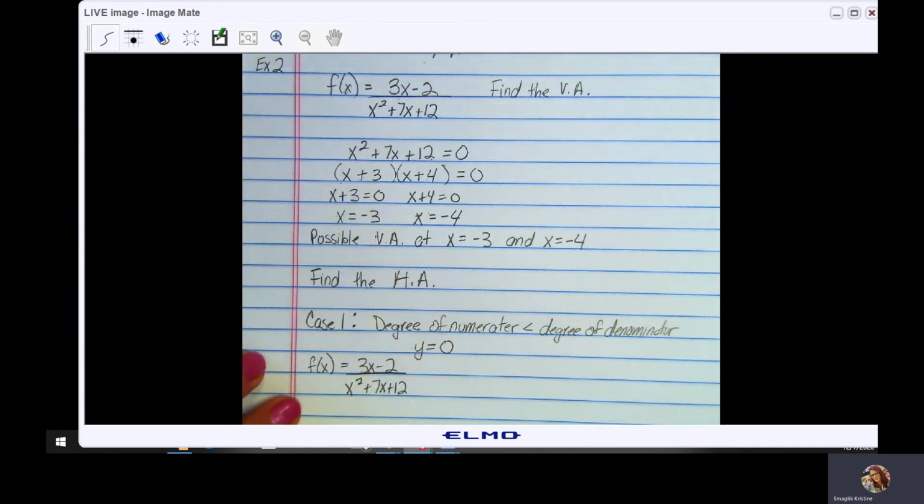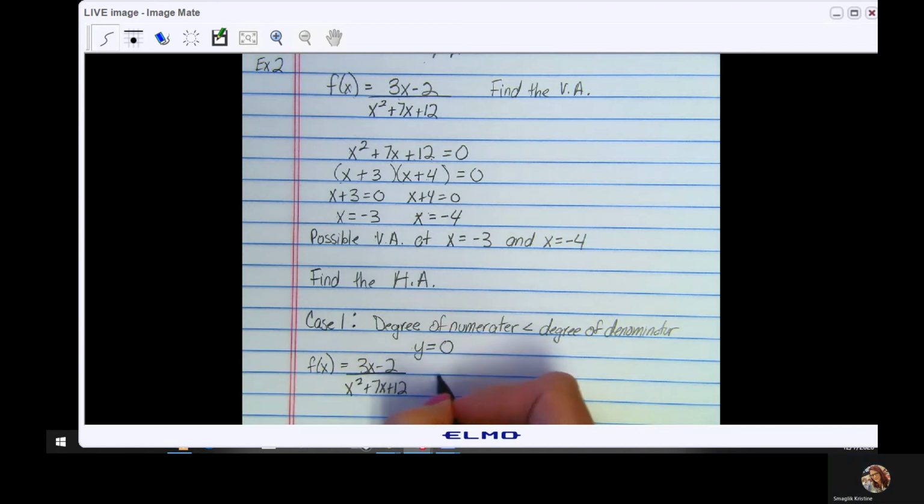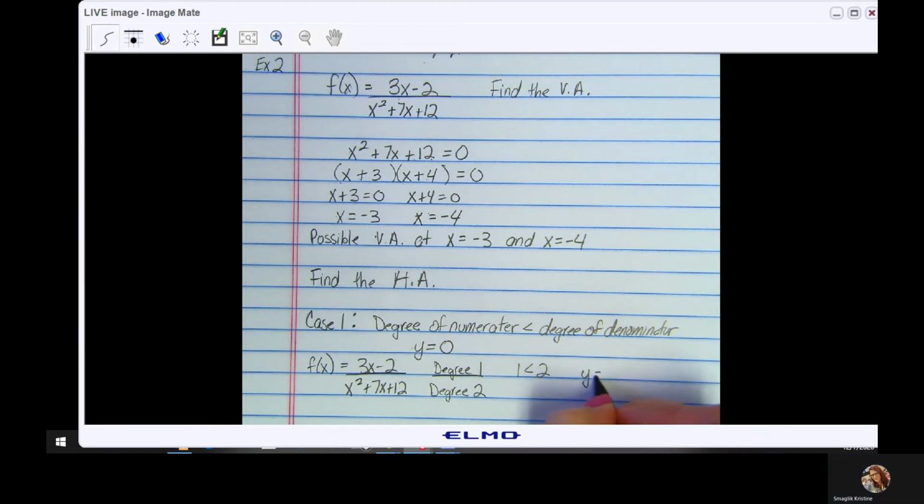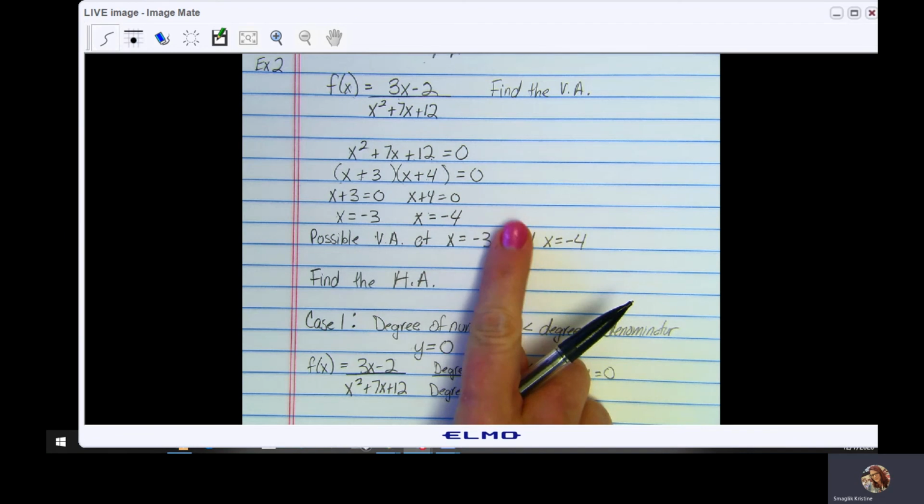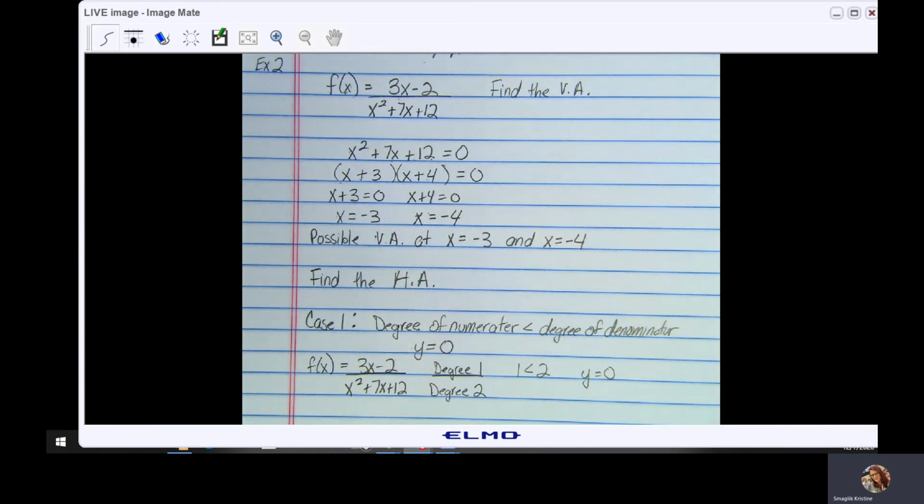So if we compare the degree of my numerator, which is 1, and the degree of my denominator, well, it's quadratic, degree 2. So 1 is less than 2, so therefore y equals 0. So my horizontal asymptote for the original problem that we started with is going to be y equals 0.